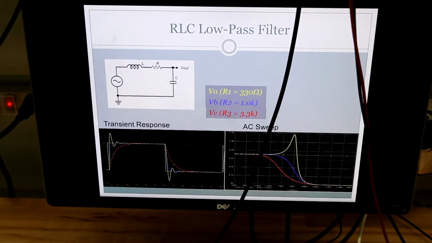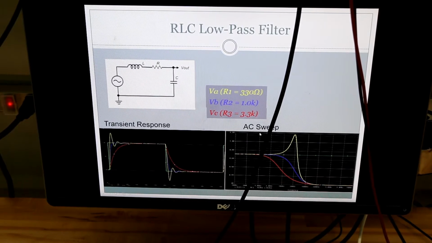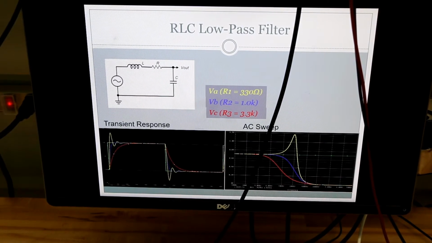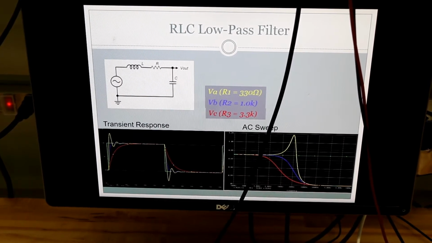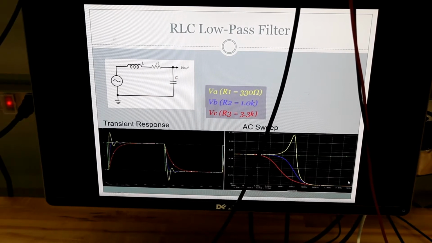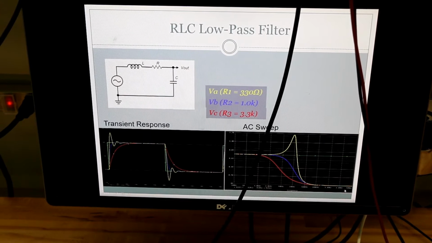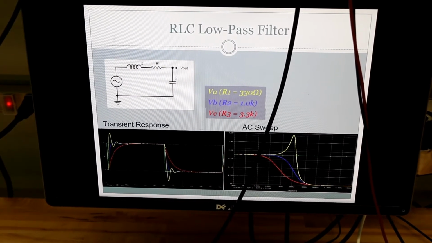Now, to check on the frequency response of this circuit, in PSpice you have the AC sweep, and it gives you the behavior of the circuit along the range of frequencies. Here it's from 100 hertz to more than 1 megahertz, but here in the lab we can only measure it at one frequency at a time.